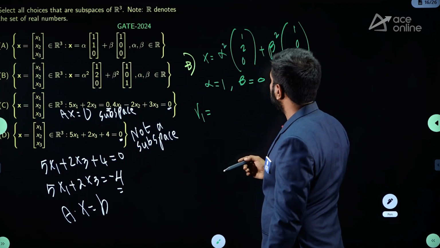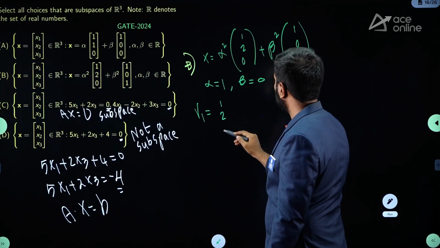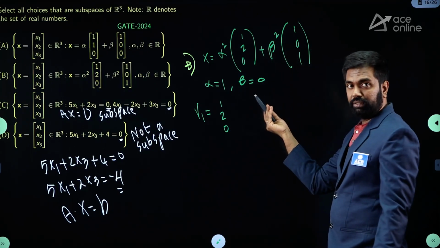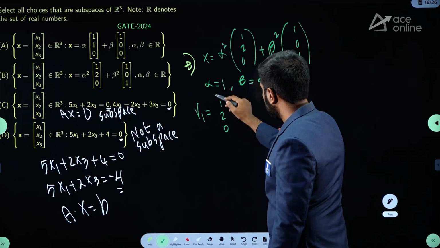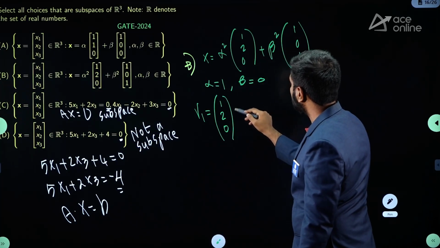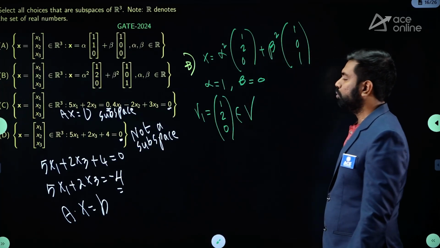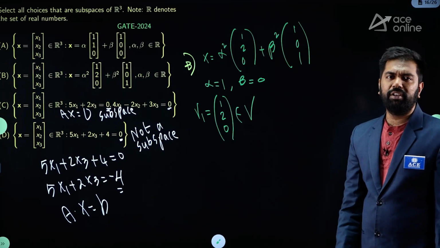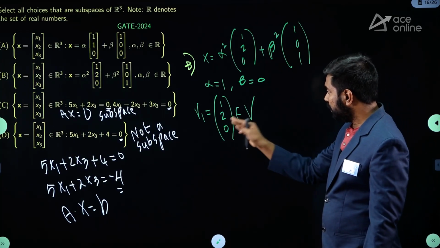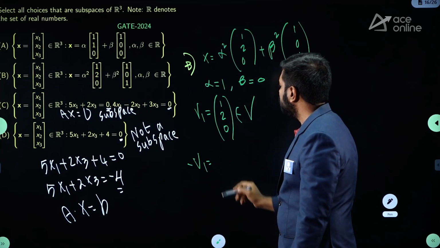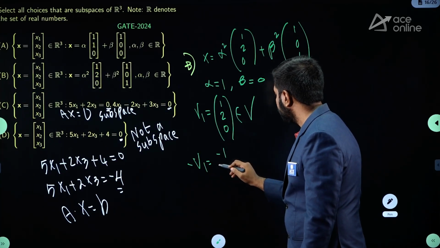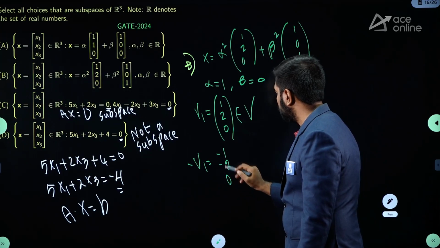Alpha square is 1, so what is left is 1, 2, 0 plus beta square is 0, and 0 into anything is gone. So v1 is 1, 2, 0, and let's say v1 belongs to V. Now what we have learned so far is that when v1 belongs to V, have a look at minus v1. What is minus v1, students? It is minus 1, minus 2, 0.